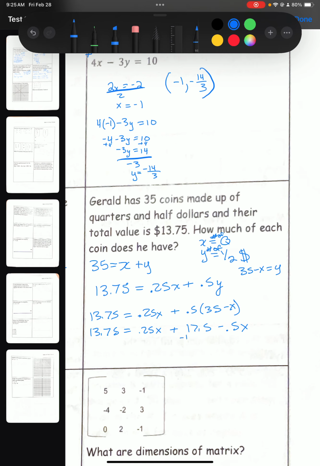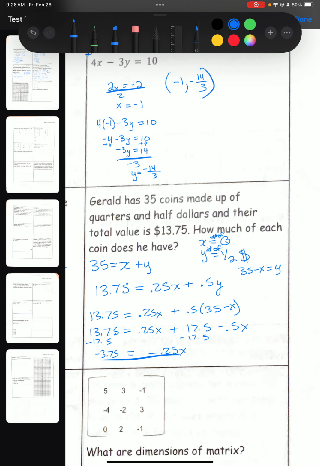I'm going to do this in one step, but you can do it in two, whatever makes sense to you. So basically, I'm going to subtract 17.5 from both sides, and then combine 0.25x minus 0.5x. That should get us negative 0.25x and negative 3.75.